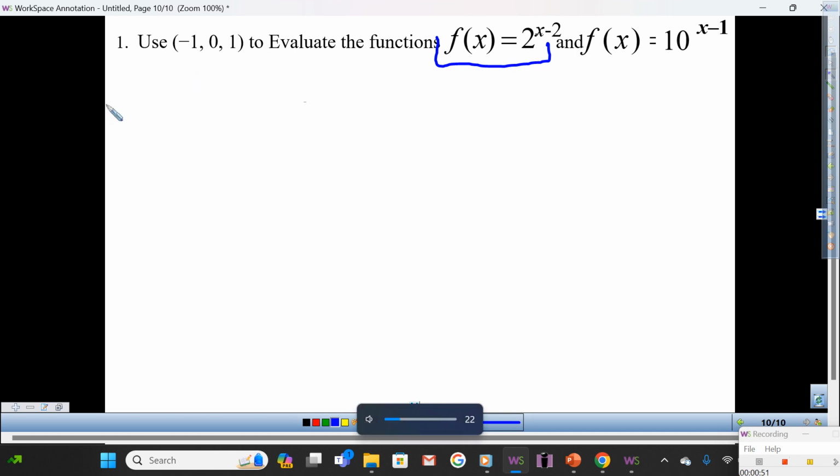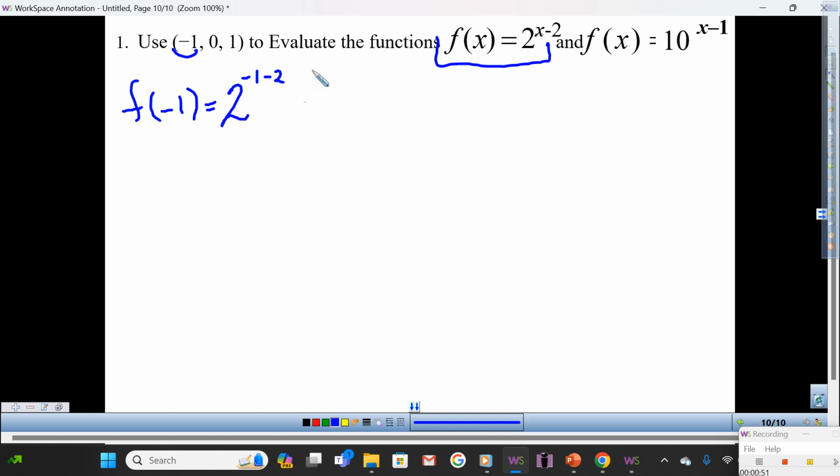So I'm going to rewrite that as f of -1 equals 2 to the x minus 2. But instead of x, I'm substituting what value? -1. So it's -1 minus 2. So f of -1 equals 2 to the -3rd power.